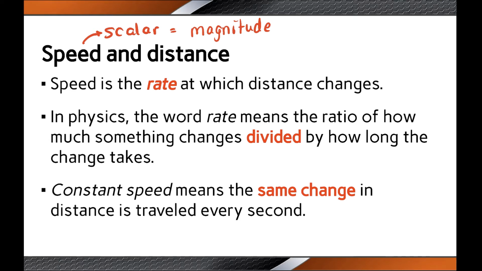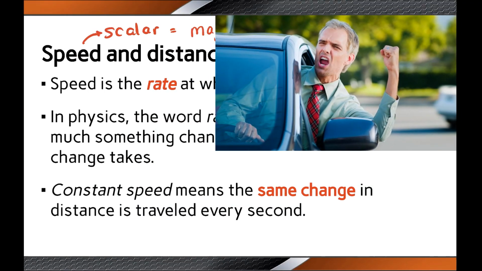So we're going to look at a formula in a moment, but before we do, let's imagine that you're in your car. The first type of speed that I prefer to travel at is a constant speed. One of the biggest pet peeves that I have when I'm driving somewhere is the person that either has their foot on the gas or foot on the brake and there's no consistency. It drives me insane.